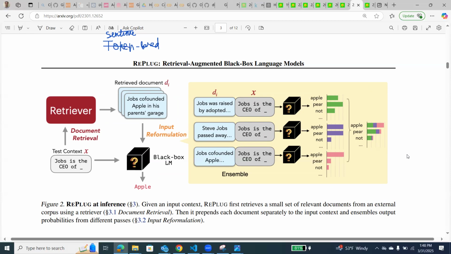The other thing is that typically generators are large models, very large, and retrievers are less than 1 billion parameter models. So it's much easier to fine-tune the feature extractor model than the generator. And here they used the models that return the probabilities, the logits, from the API.